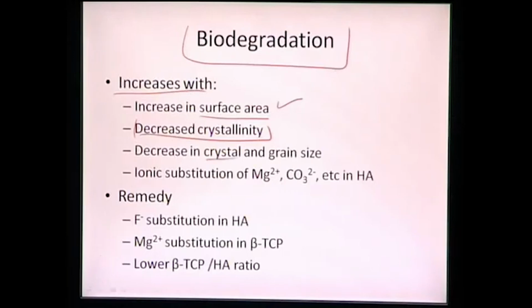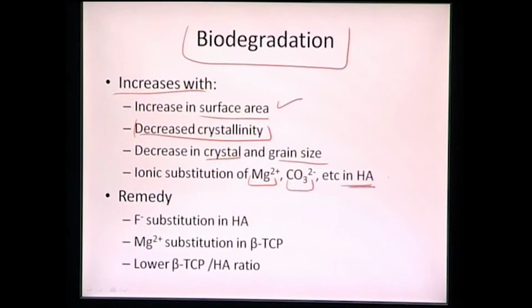So once we have lower crystallinity, that can also lead to the degradation of the material. Again, a decrease in the crystal and grain size can also lead to biodegradation. And once we have ionic substitution of magnesium 2 plus or CO3 2 minus etc. in the hydroxyapatite, that can also lead to the biodegradation.